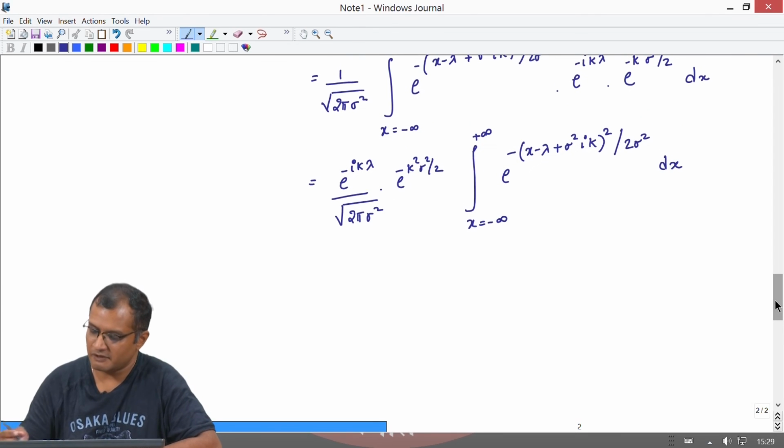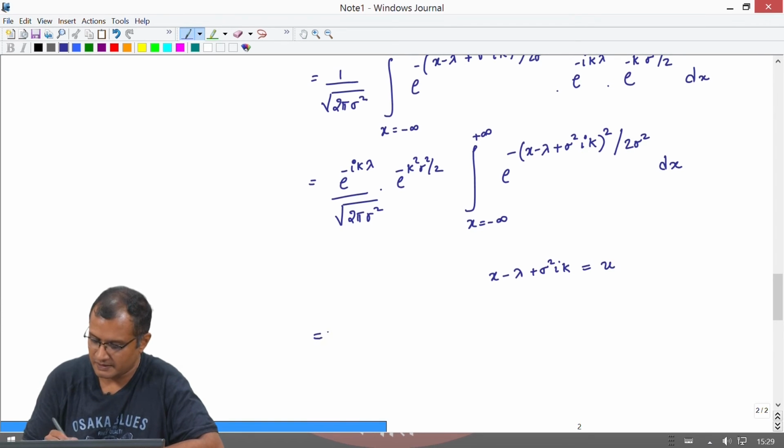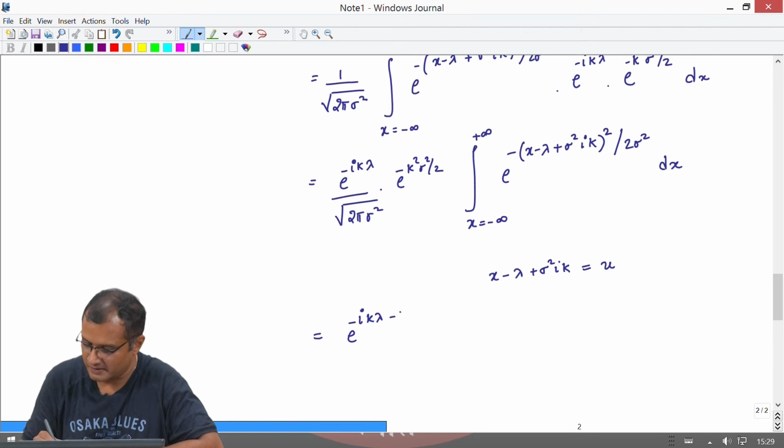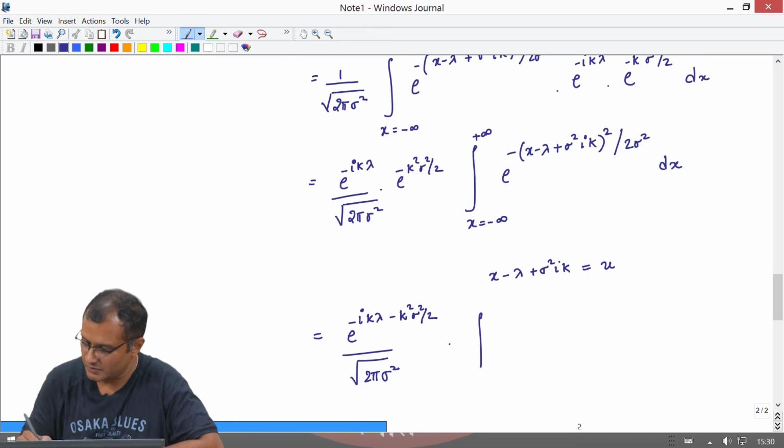Okay. And here I will make a simple substitution that x minus lambda plus sigma square i k, if I substitute as some u, then this integral simply becomes e raised to minus i k lambda minus k square sigma square by 2 upon square root of 2 pi sigma square into integral u going from minus infinity to plus infinity e raised to minus u square upon 2 sigma square du.